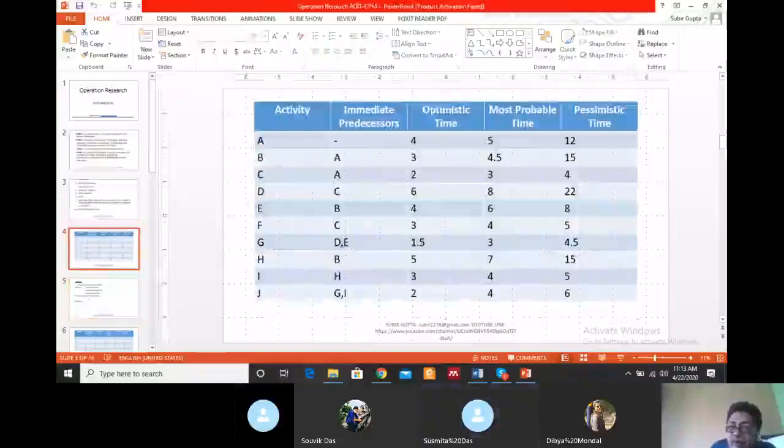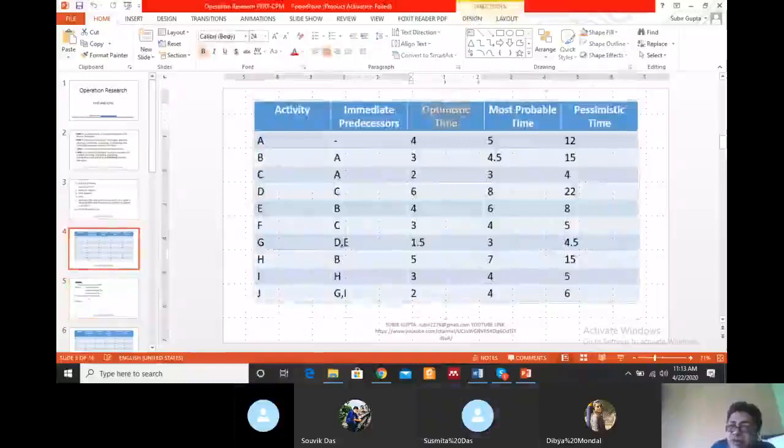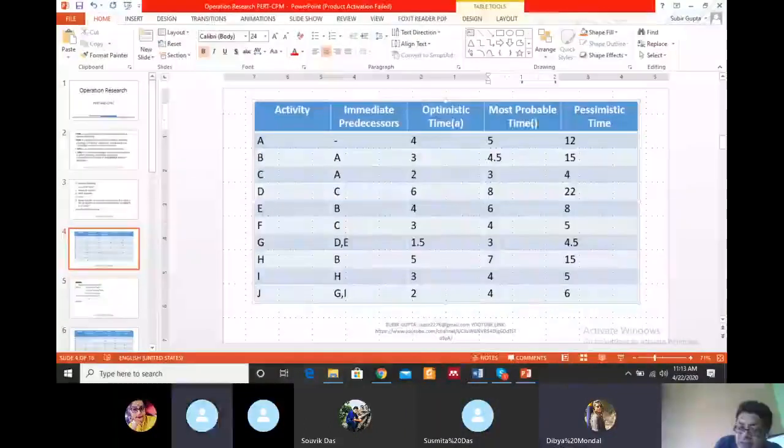According to this table, the optimistic time is given, so we denote it as A. Similarly, the most probable time we write as M. And the pessimistic time we write as B.